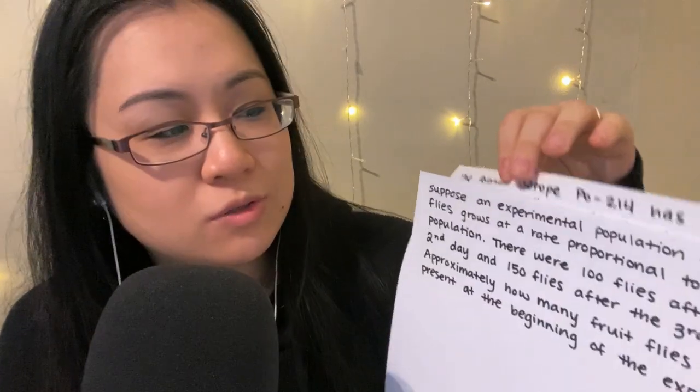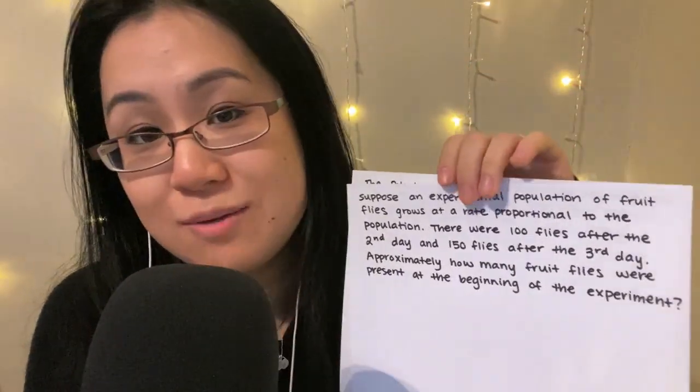So don't worry about memorizing that or anything. We'll do a little bit of whiteboard work with that. Like I said, I've written out two typical questions, one for exponential growth, one for decay, and we can take a look at them together.